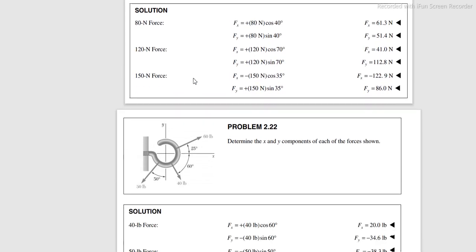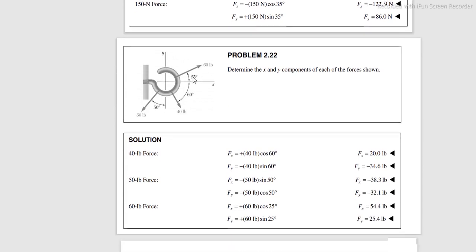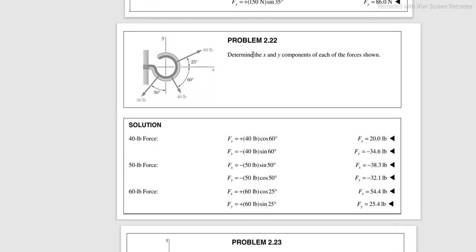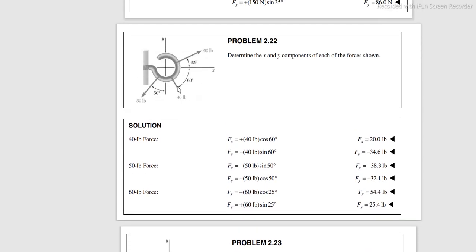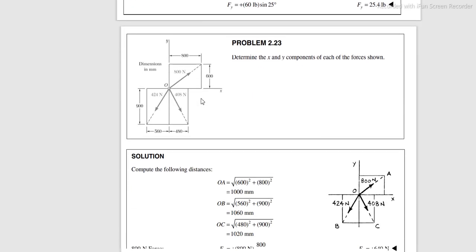Here the solution is. Problem 2.22, same question, determine the x and y components of each of the forces shown. For each force, the solution is, we must have a free body diagram.